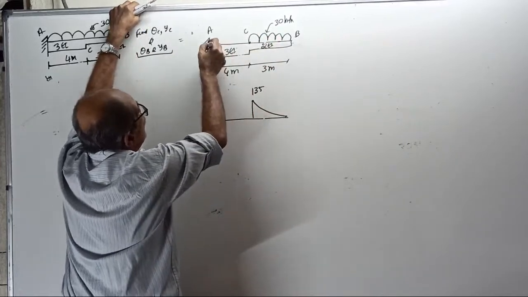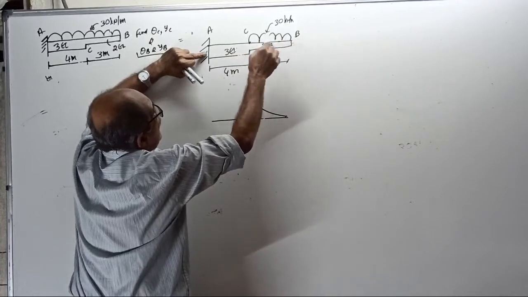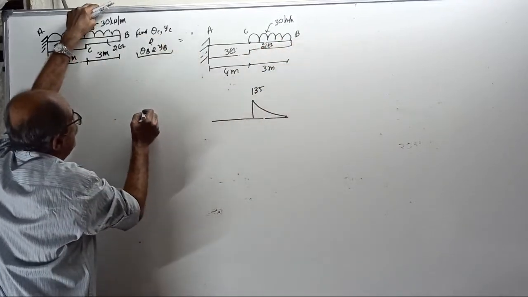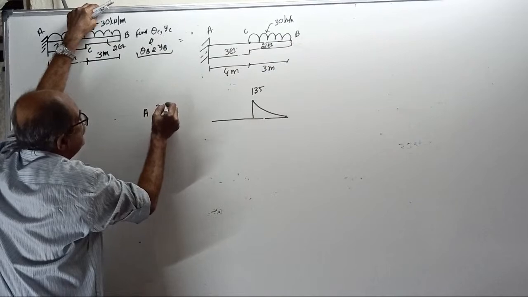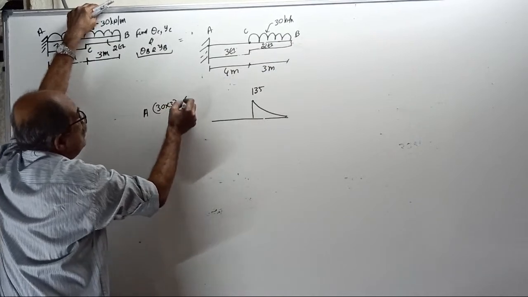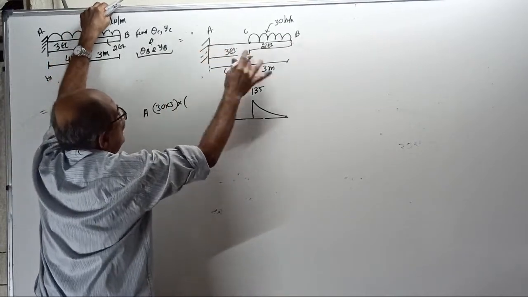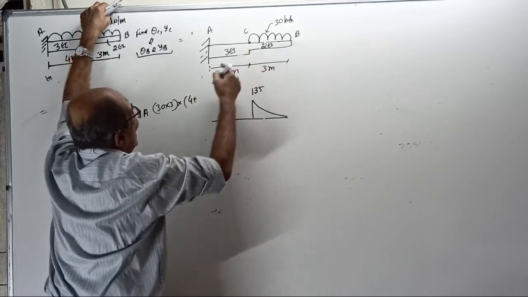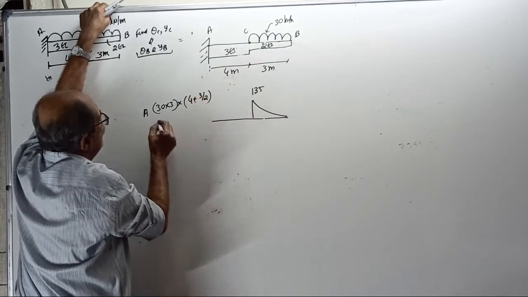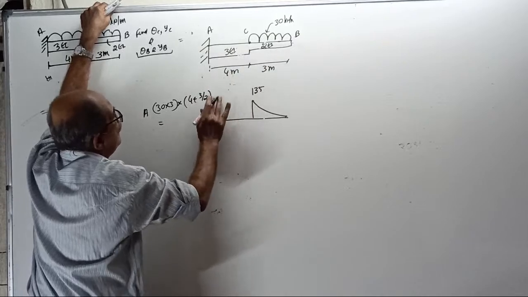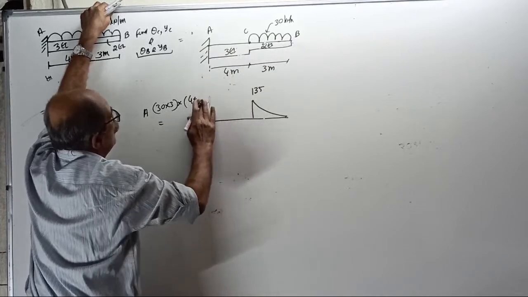Then BM at A is 30 into 3, the load, into moment about A: 4 plus half of 3. Tell the answer. 4 plus 3 by 2.